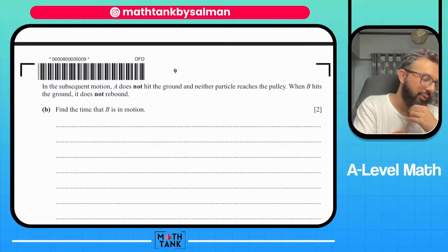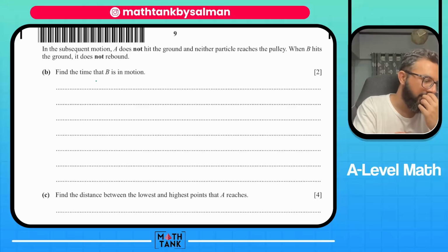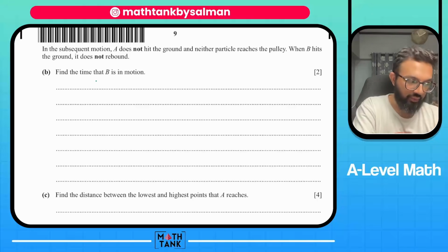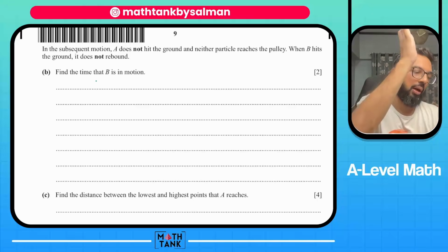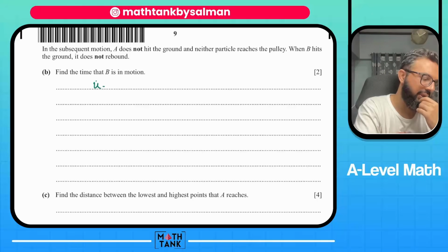It says in the subsequent motion, A does not hit the ground. So let's think about this question. A was pushed down, so B was pushed up, and neither particle reaches the pulley when B hits the ground. So it's going to reverse after that, right? Because A can't keep it sustained, it is decelerating. What's happening with B? It started off at 1.2.